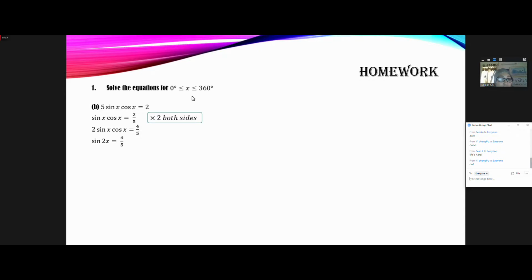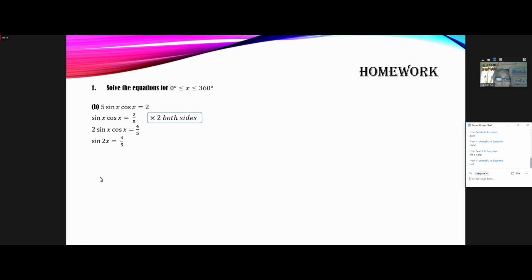If the x is 360, so 2x should go until 720. Some of you forgot the second round of the answer. So you find the reference angle or basic angle for sine 4 over 5, and then find the quadrant. Sine is positive in the first and second quadrant.